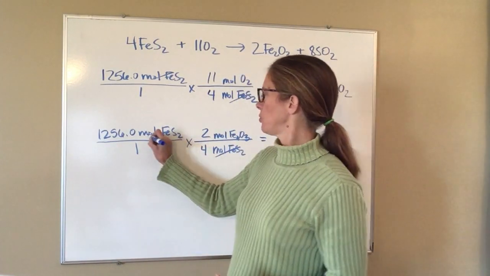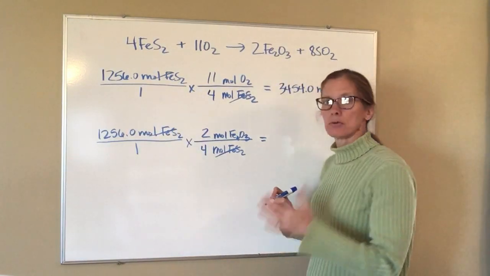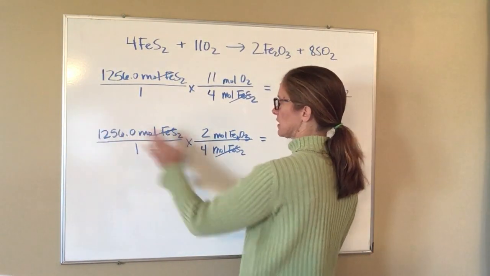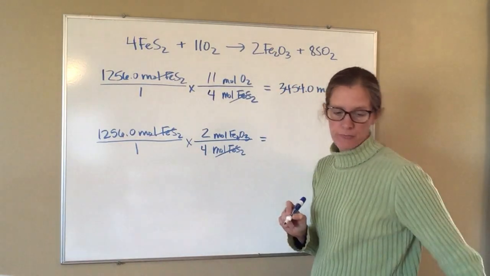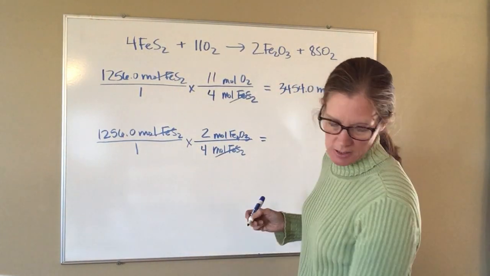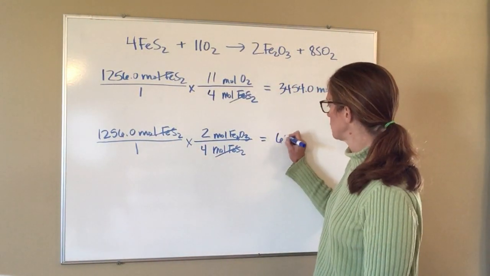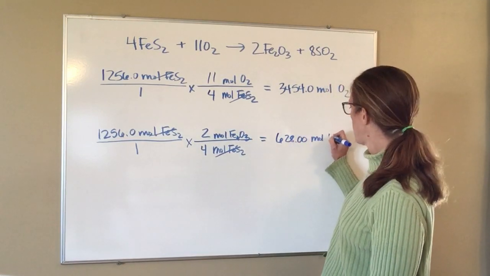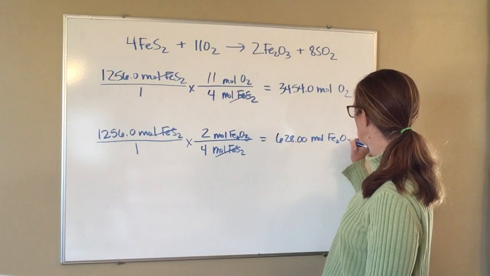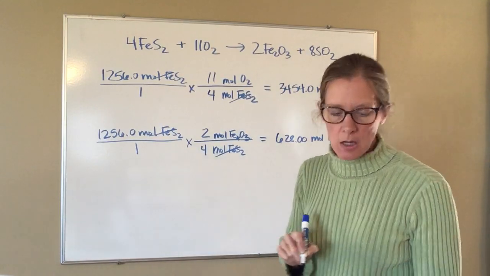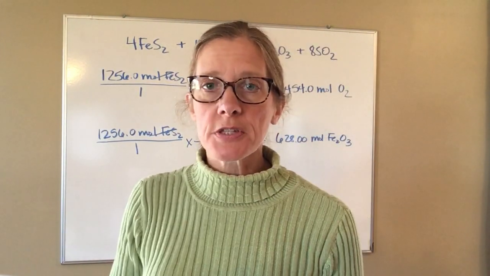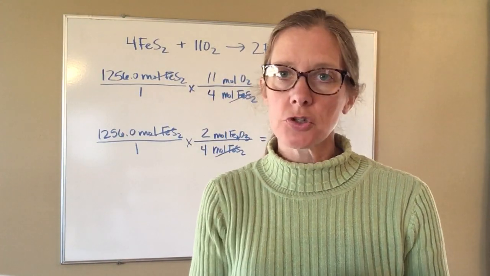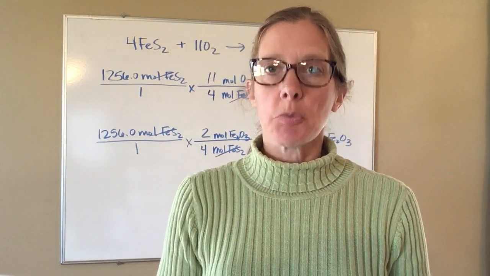Moles of FeS2 will cancel out, and so type it into your calculator. It's 1256 times 2 divided by 4, and that should give you an answer of 628.00 moles of Fe2O3. Okay, so in today's assignment, no grams involved. We're doing only mole conversions using chemical equations.